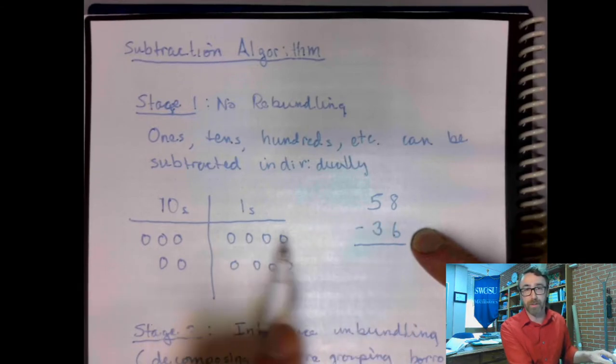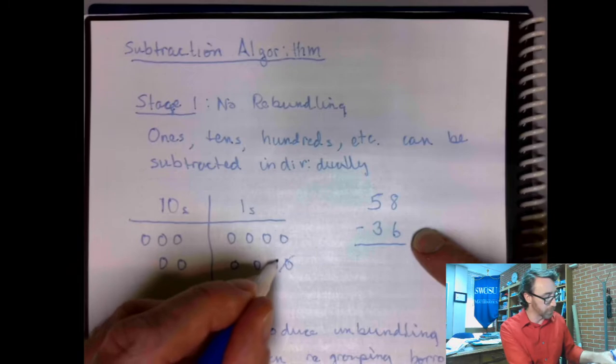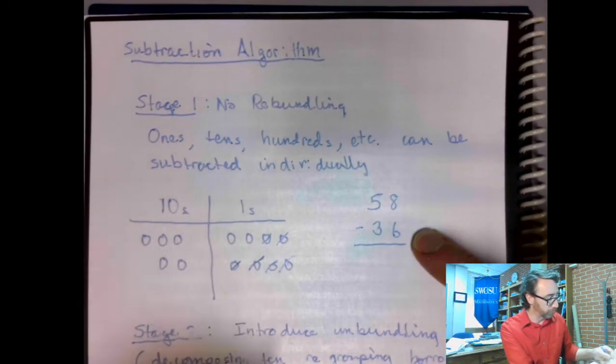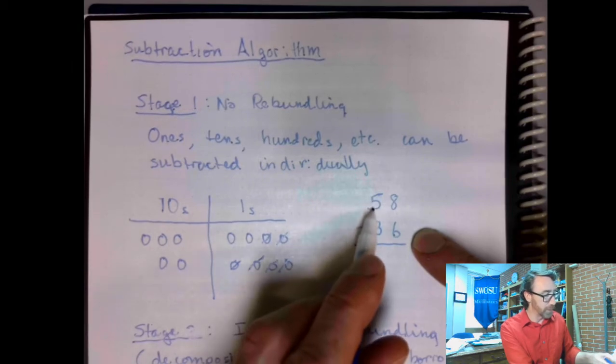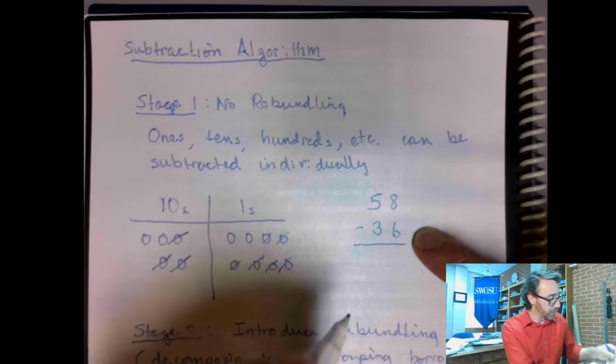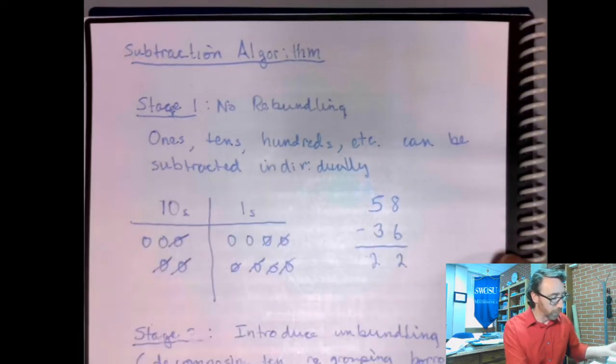Okay, so I got 8 chips in the ones tray, and I'm going to cross out 6. So let's just put a slash through 1, 2, 3, 4, 5, 6. And here in the tens tray, I've got 5. I'm going to slash out 1, 2, 3. And we can see I'm left with 22.